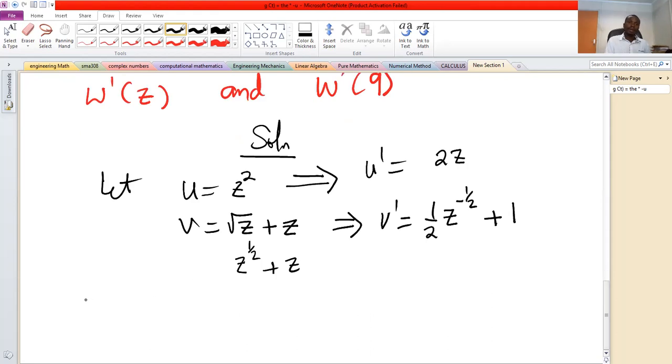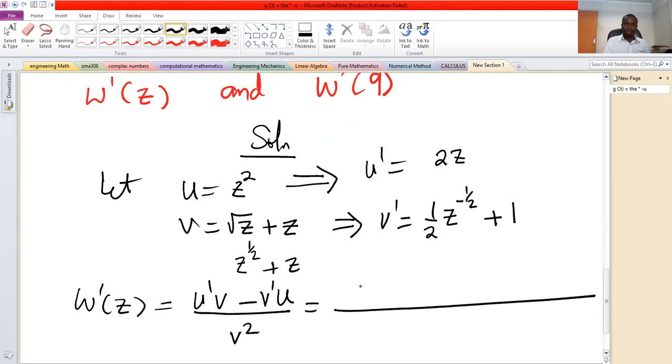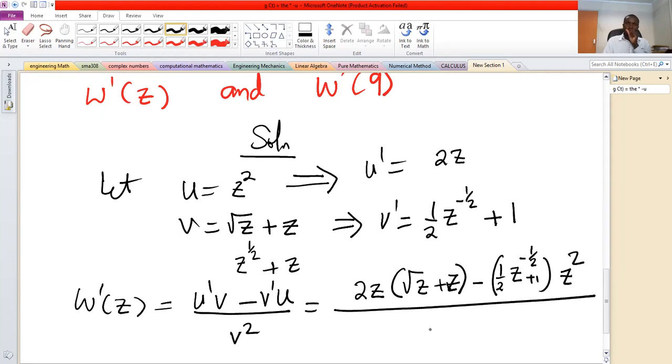So W prime of Z will be given by U prime V minus V prime U divided by V squared, which will be 2Z into root Z plus Z minus a half Z power minus a half plus 1 multiplied by U, which is Z squared, over square root of Z plus Z squared.